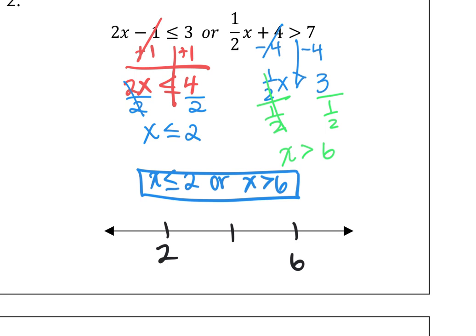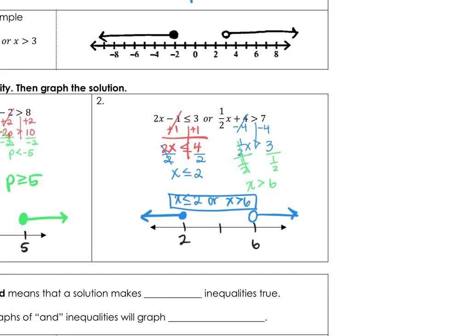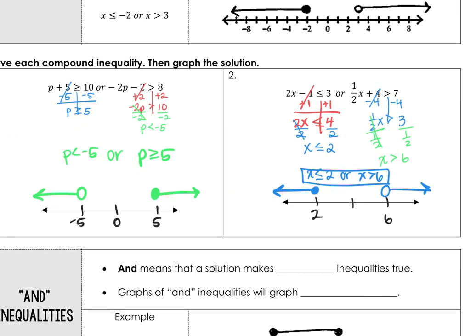So on the 2, we've got a closed circle and it's shading to the left. And then on the 6, we have an open circle and it's shading to the right. Both of those were or inequalities, and both times those graphs graphed apart, just like the or inequalities should.